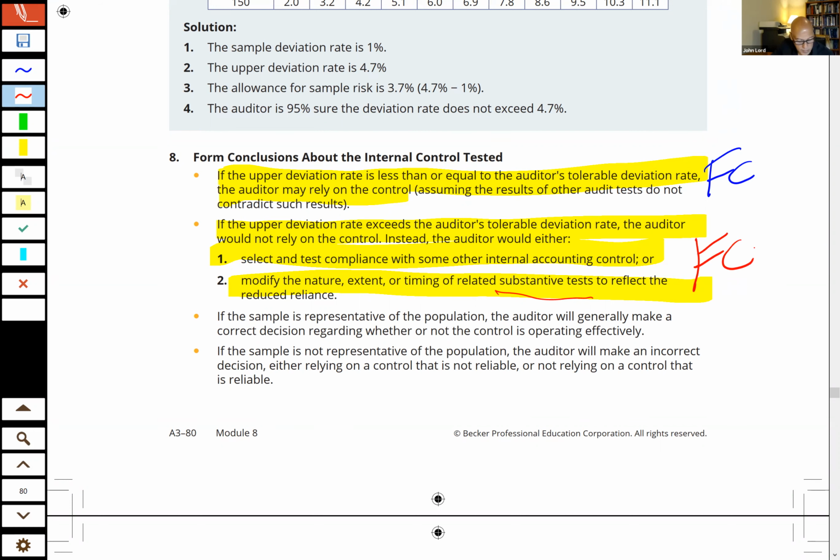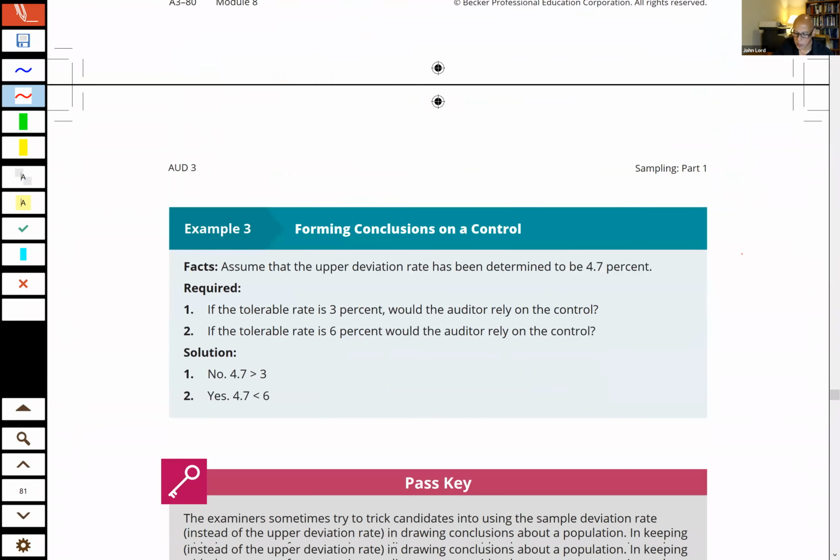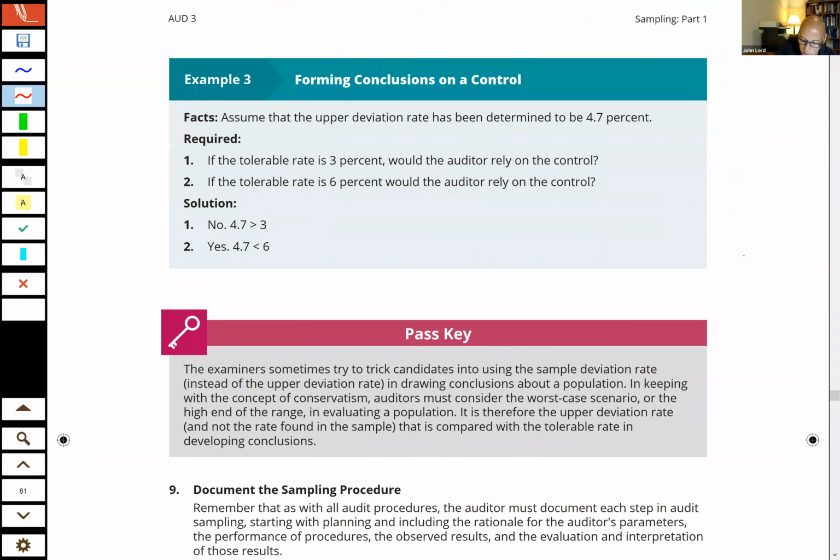But let's practice now with those numbers that we got from our little example. If the tolerable deviation rate is 3%, would the auditor rely on the control? The answer is no. The table told me the deviation rate could be as high as 4.7%.